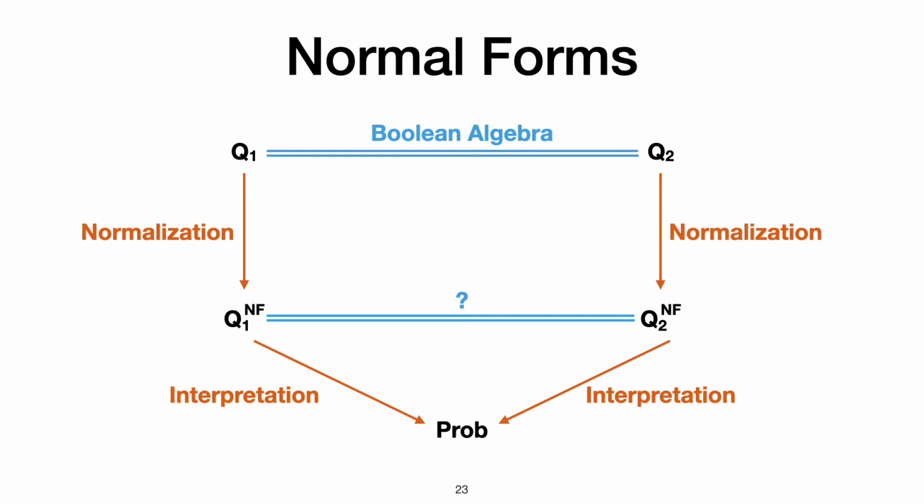And in this normal form, we can then interpret them using a probability. And this probability interpretation should be the same for both queries Q1 and Q2. Now, it is key to choose the correct normal form and the correct associated algebraic structure for which the normal forms are equivalent.